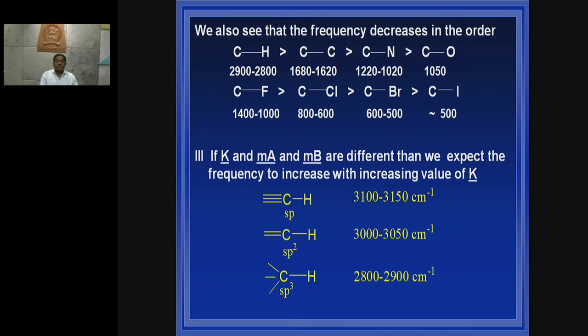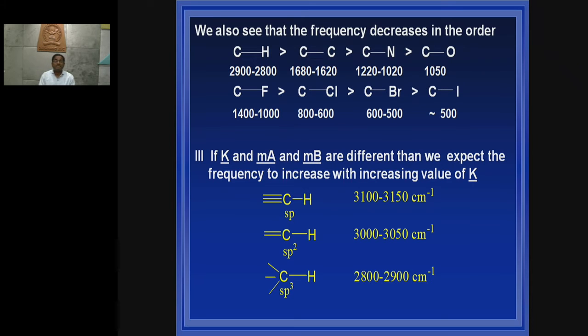You can also see such an effect in how the frequency decreases in the order. You can take one example: C-H, then carbon-carbon, then C-N, and then C-O bond. The first one you can observe at 2900 to 2800, the second at 1680 to 1620, the third at 1220 to 1020, and the last one at 1050.